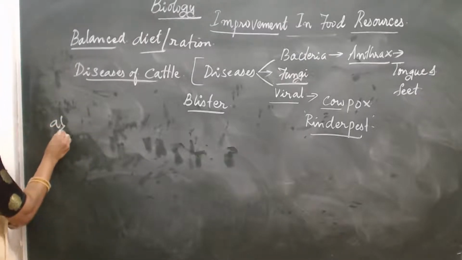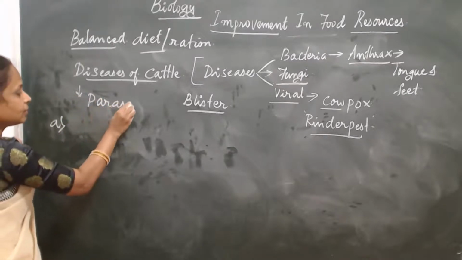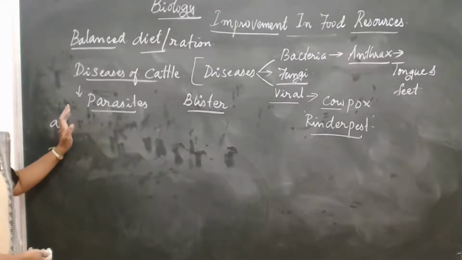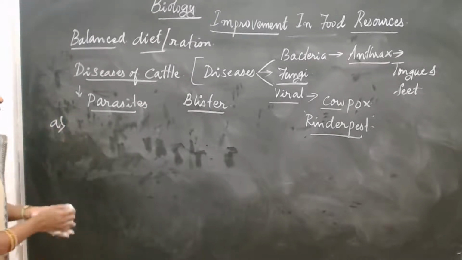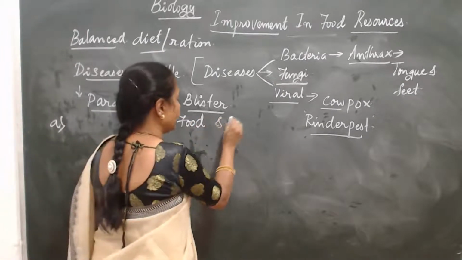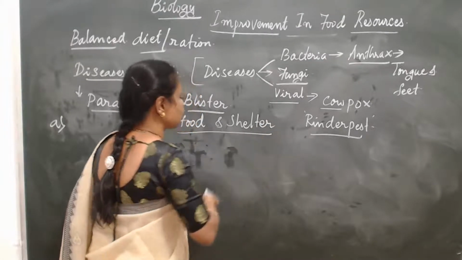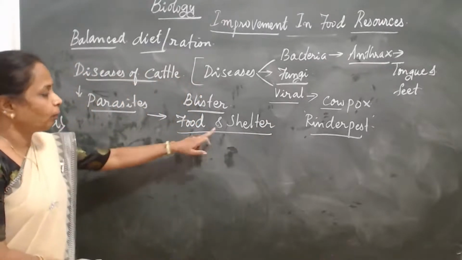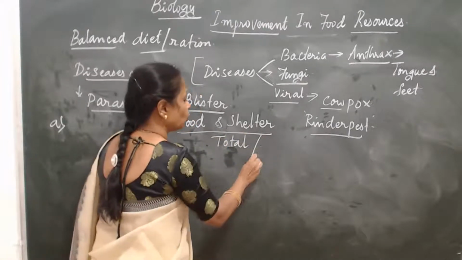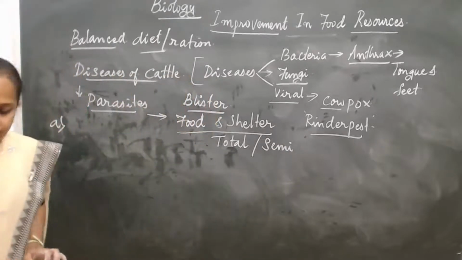Now we are going to look at the organisms which cause disease in cattle, which are termed parasites, whether it is for feeding or for the purpose of shelter. Last year you learned food and shelter. The organism which depends on the host for both is called a total parasite, and for only one of the two, it is called a semi-parasite.